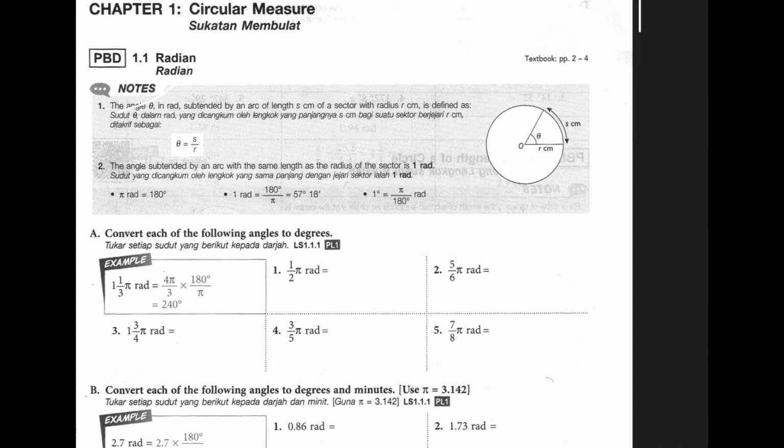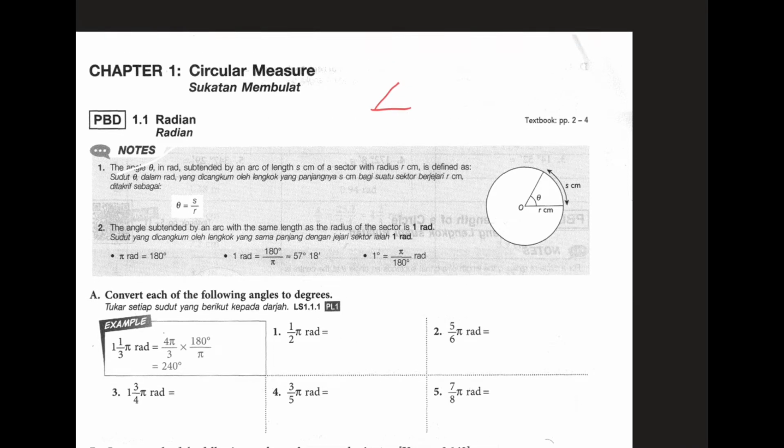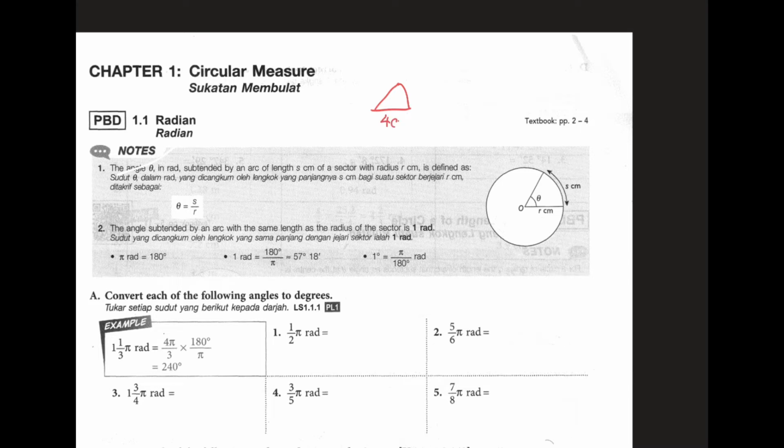So let's say for example, if I have a sector like this, it is called a sector. Okay, this is 4 cm, and let's say this is 5 cm, and let's say this is theta. If I want to find theta, I can just use this formula. Theta equal to s over r, or most of the time we call it s equal to r theta.